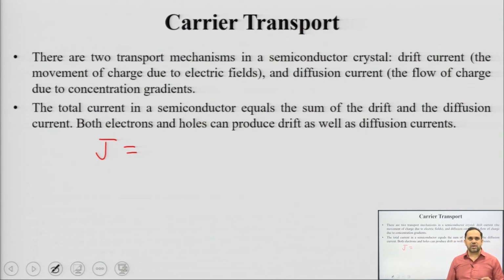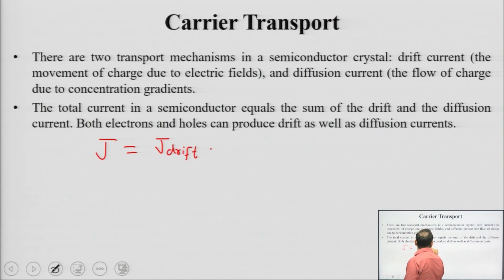Because we are talking about subatomic particles, which are not visible, when we want to count them, we count them per unit volume via concentration, and when we want to study the amount of current, we study current density, which is how much current is produced per unit area. So, the total current density inside a semiconductor will have two components.